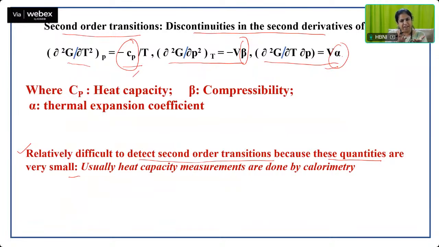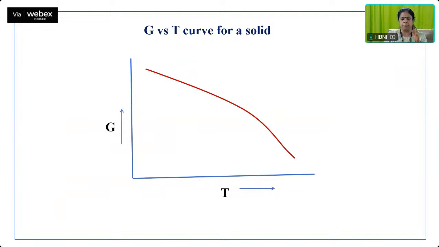That first order phase transitions are more visualizable as compared to second order phase transitions, which happen silently. So heat capacity is difficult to measure. This you can measure. Normally, second order phase transitions are measured by calorimetry because this is the easiest quantity to measure for the second order phase transition.